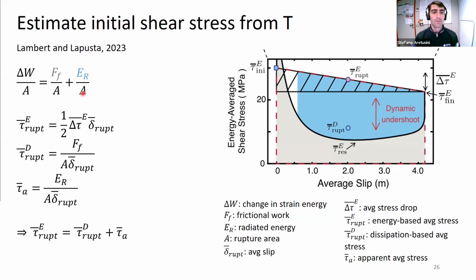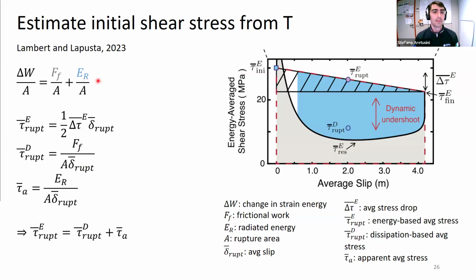We can move from this energy balance by converting the change in strain energy to this term, which is called energy-based shear stress, by means of the static stress drop and the average slip during the rupture. We can convert the frictional work to the dissipation-based shear stress by dividing the frictional work by the area times the average slip.